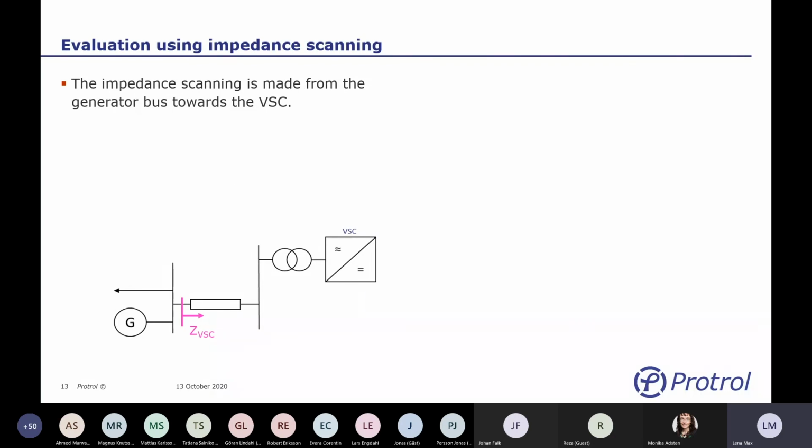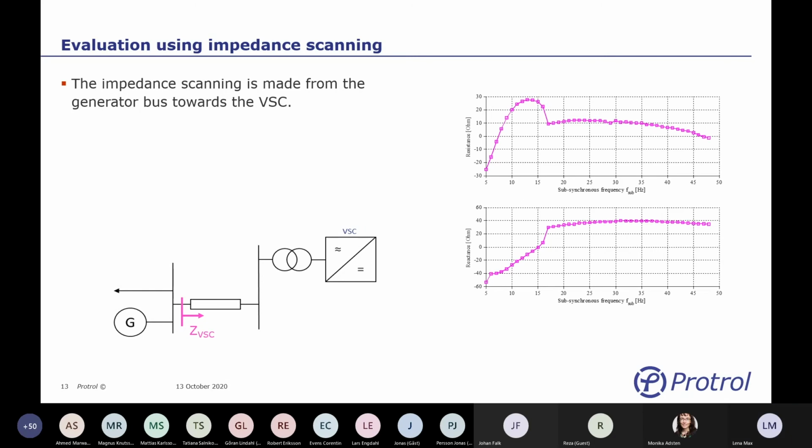We also look at the impedance at different frequencies. For impedance scanning, it can be chosen to be done anywhere in the system. Here we are choosing to do it from the generator bus towards the voltage source converter. Looking at the results, we see that we have a small positive resistance at the subsynchronous frequencies.